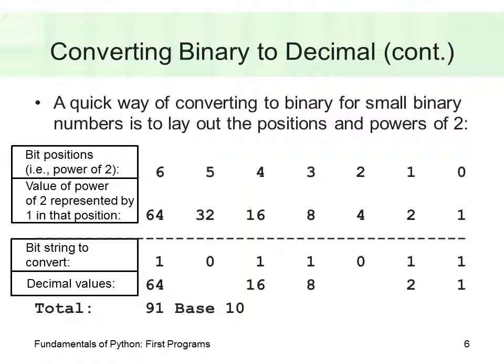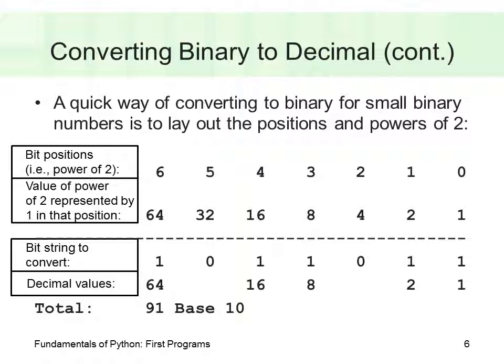All right? So you would take 91 minus 64, which would give you, my arithmetic's not so good, 27. And now that you've got 27, you would say, what's the highest power of 2 that can be represented by 27?